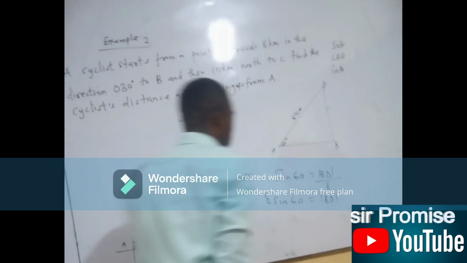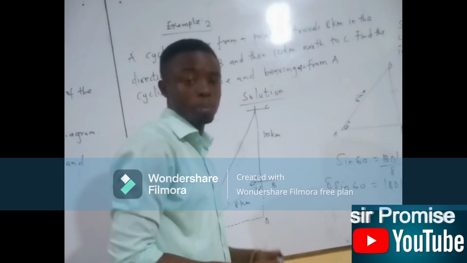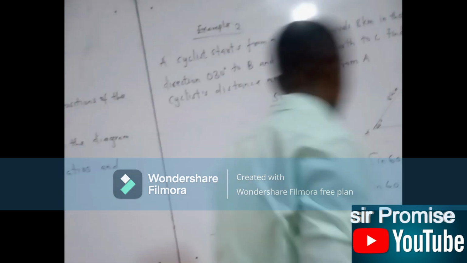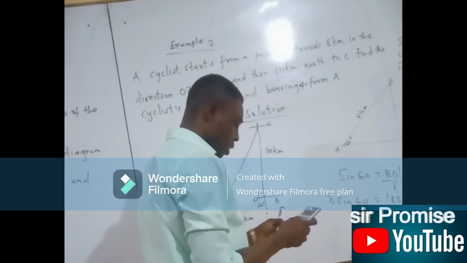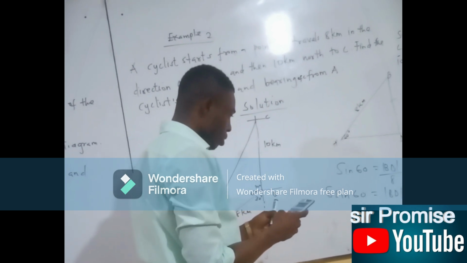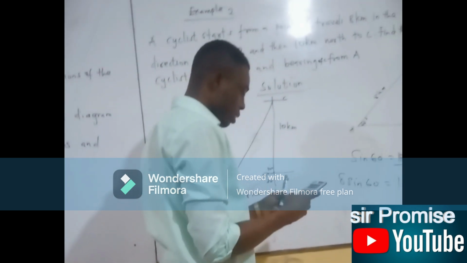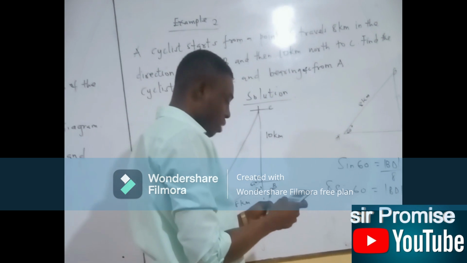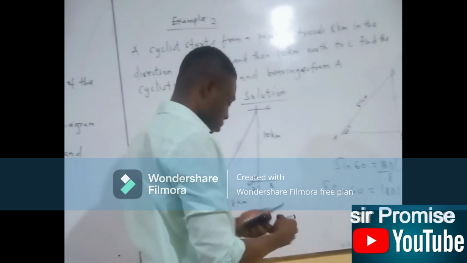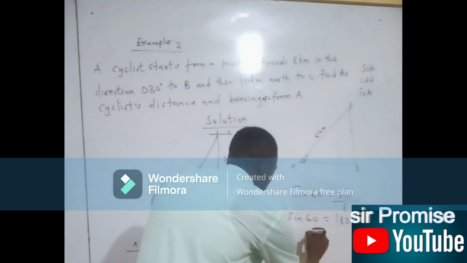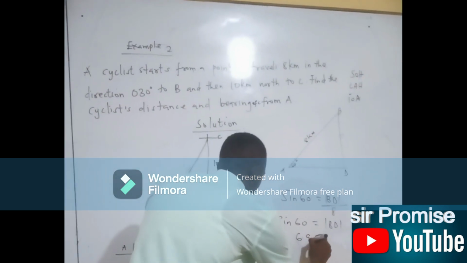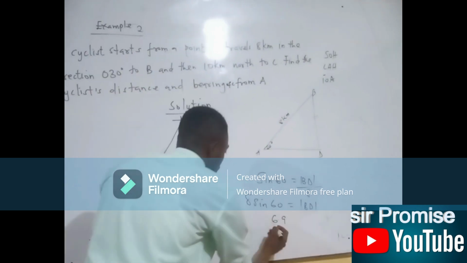So now on our calculator, 8 sine 60 is going to give us 6.9. Okay, let's take 6.9.